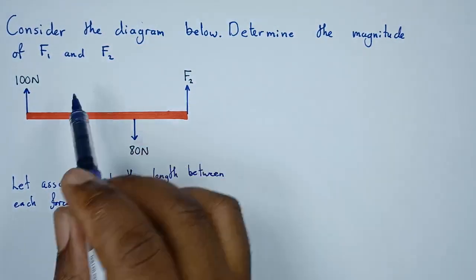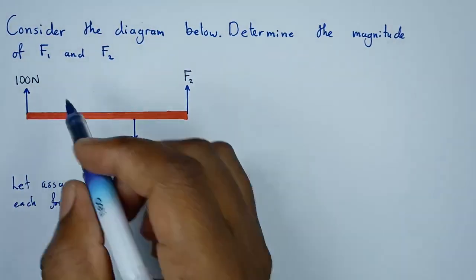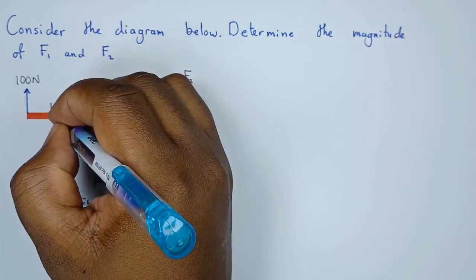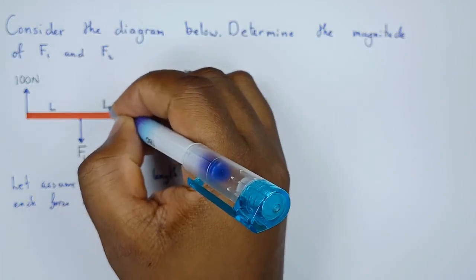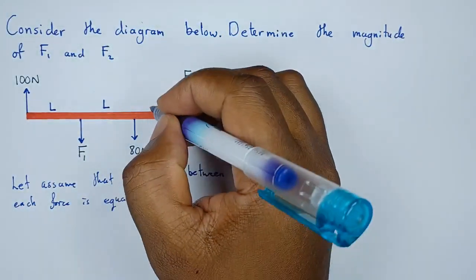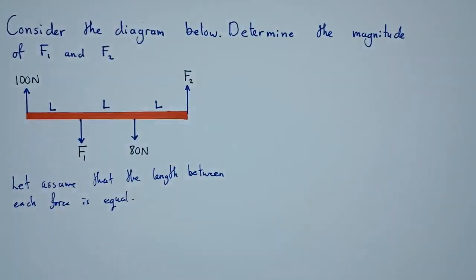Meaning that the distance from here to here, let's call it L. From here to here, again, let's call it L. From here to here, let's call it L, because we need it when we'll be summing torque. If that's the case, now let's break down the question.